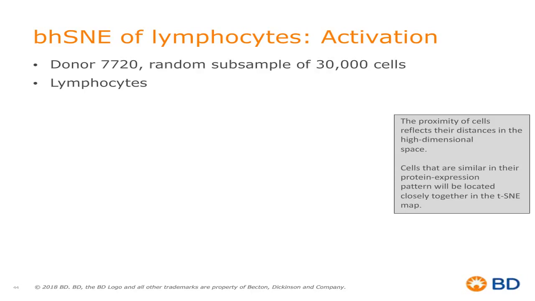And so when we put it into the algorithm, it processes all of the information simultaneously, looking at the expression of all of the proteins on all of the individual cells, and tries to make it so that we can kind of comprehend it in a lower dimension visualization.